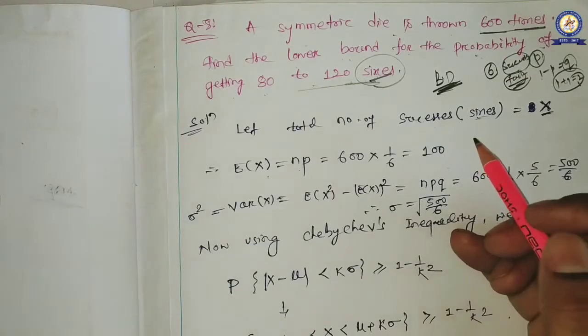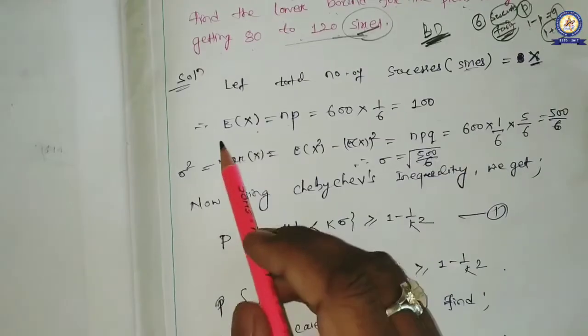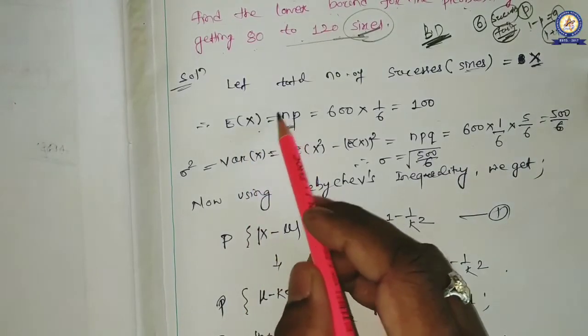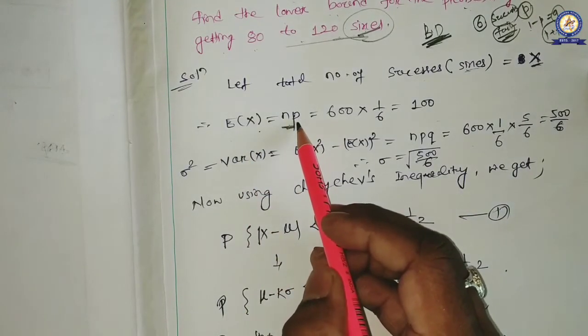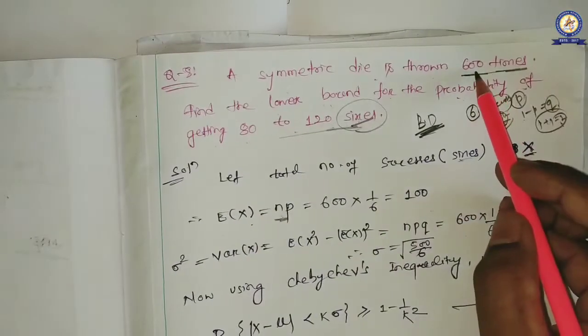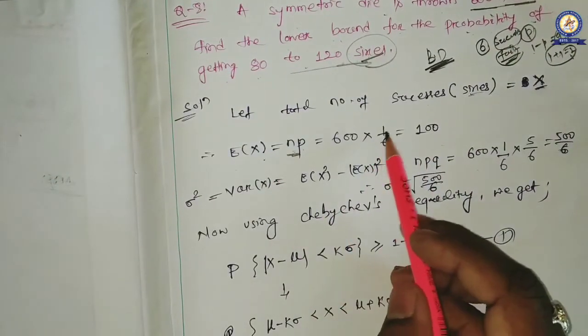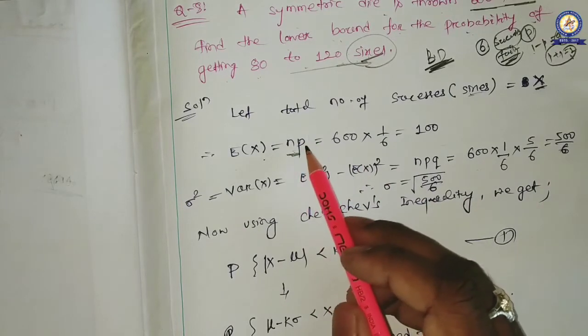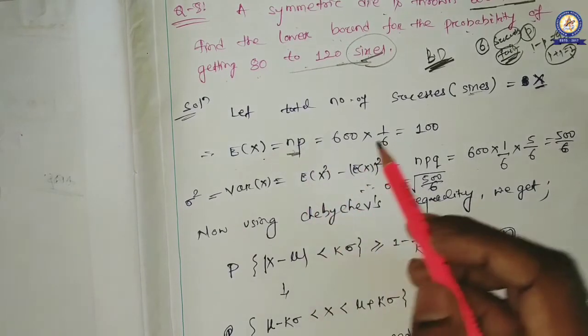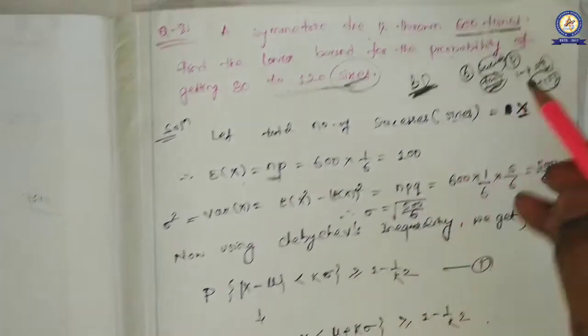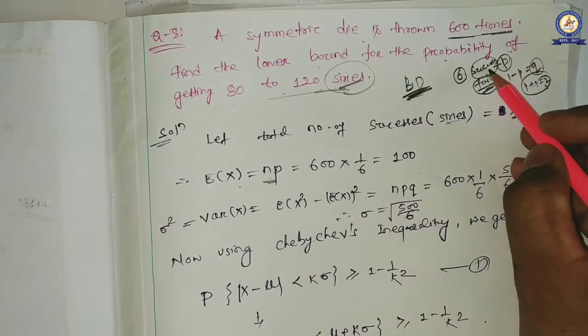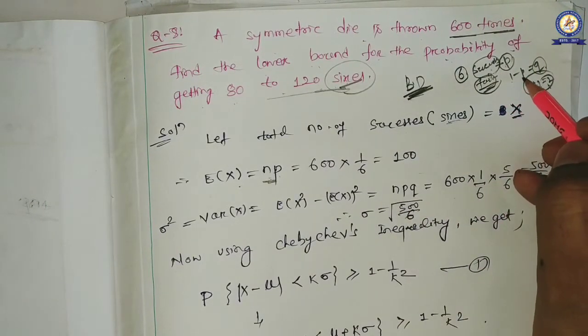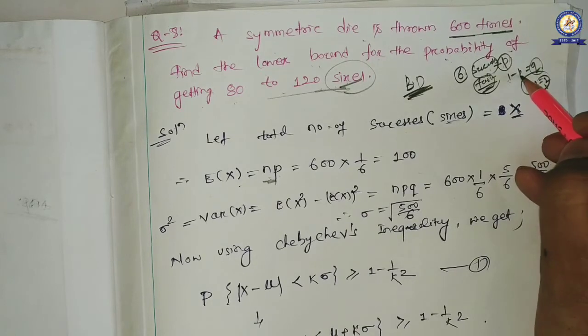As we know, for the binomial distribution the expectation value is n into p, number of trials into probability of success. So the number of trials is 600, into the probability of success, p, that is 1 by 6. The probability of failure will be 1 minus p, considered as q.